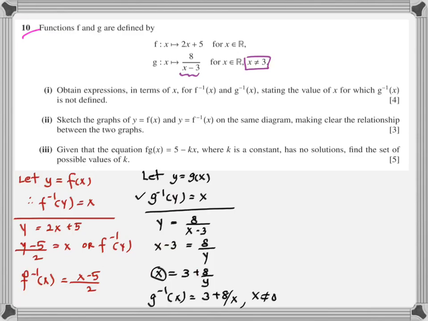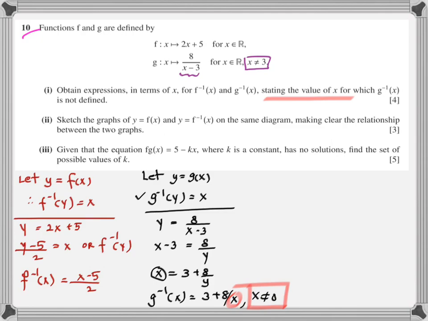Similarly, we find g inverse, and this time x is in the denominator. That means x could assume any value, but if x were to assume the value of 0, the function would be undefined. Therefore, that is the value of x for which g inverse x is not defined.